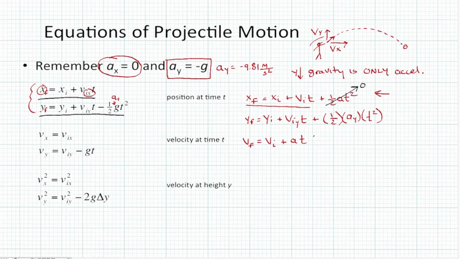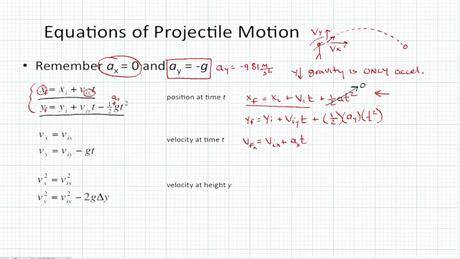Let's apply this to the x direction. So v, the final velocity in the x direction, is initial velocity in the x direction plus a in the x direction times time. And time is in all directions, so that doesn't have a subscript.